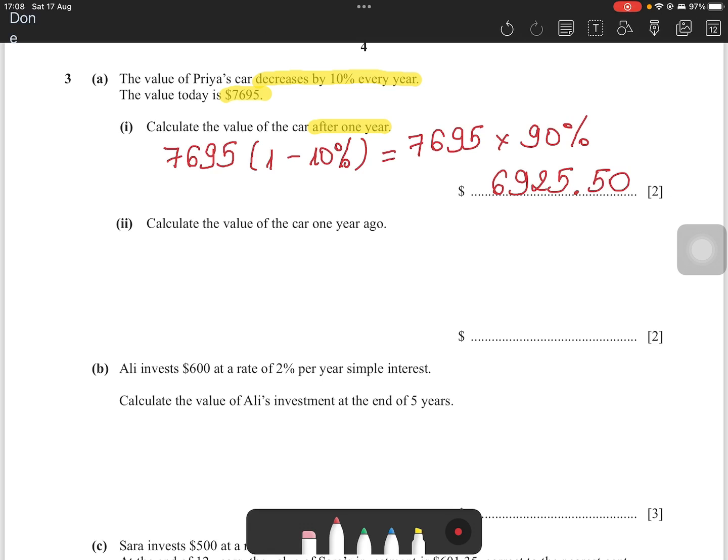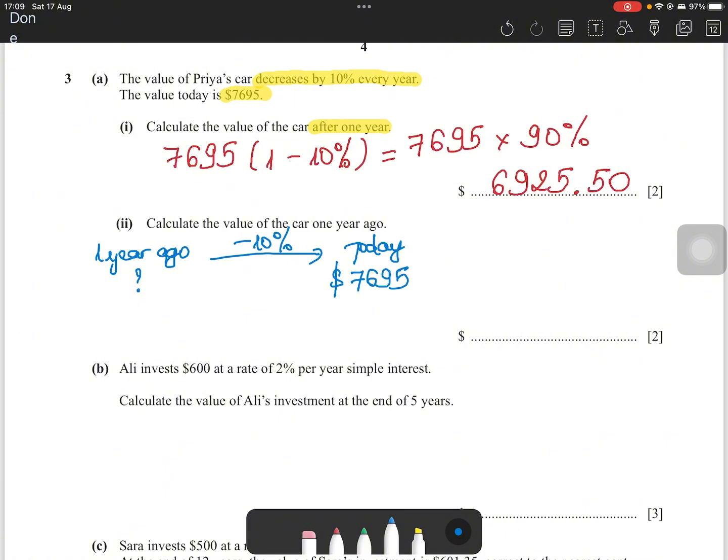Second question, calculate the value of the car 1 year ago, which means 1 year before today. So if today is $7,695, then 1 year ago is how many dollars?